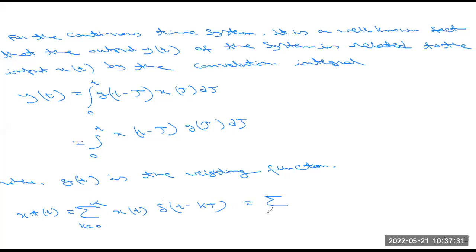This is the convolution summation equation for the discrete time control system, and it is basically a train of impulses. Because when you change the different values of k, you know that k is 0, 1, 2, etc. So this is the train of impulses for the discrete time system. Is it okay, all of you?